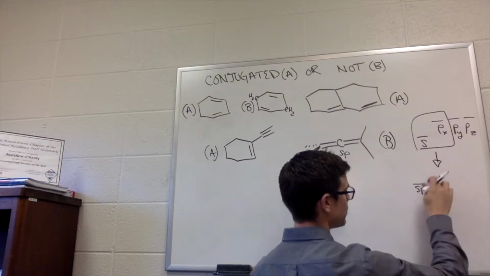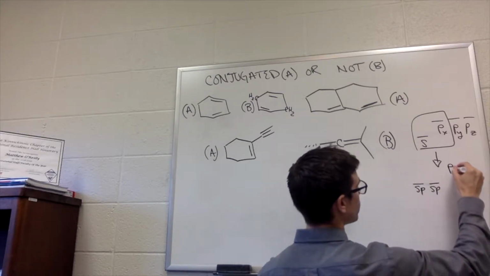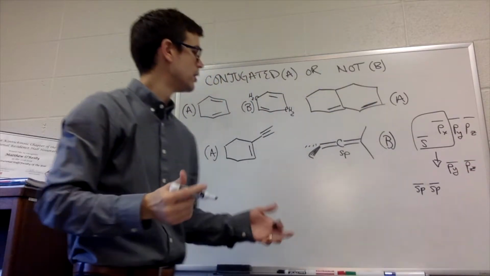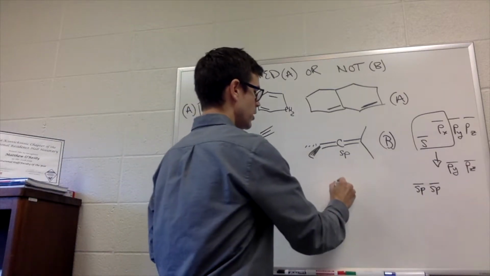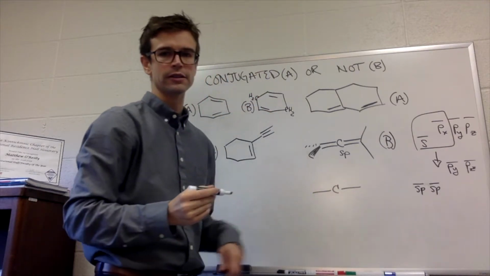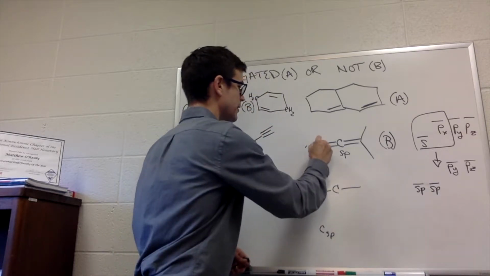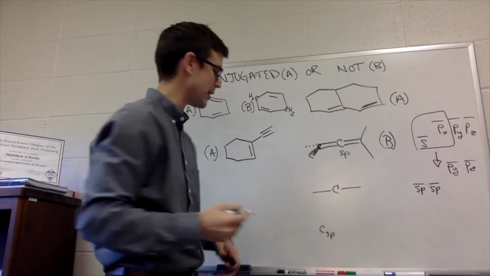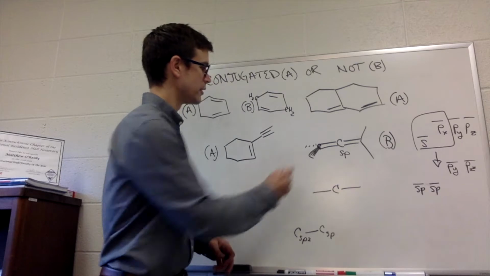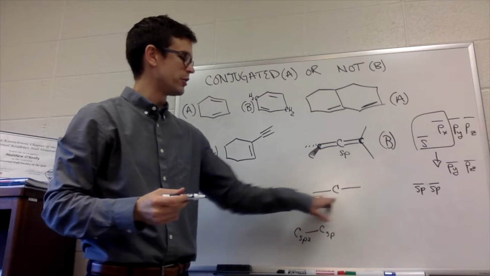Okay, let's make them separate. 2 different sp orbitals, and then we'll say a py orbital and a pz orbital. So what does that look like? Well, if we draw this one out a little bit more, we know that that center carbon atom is going to have 2 bonds to the carbons on the other sides. And these sigma bonds are made from a carbon sp orbital, and then these carbons here are technically sp2 hybridized. So it's a carbon sp to a carbon sp2. But what p orbitals are making these bonds?